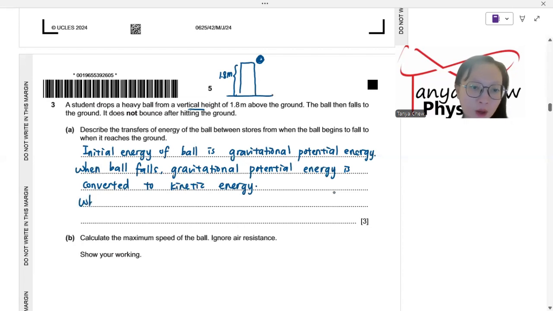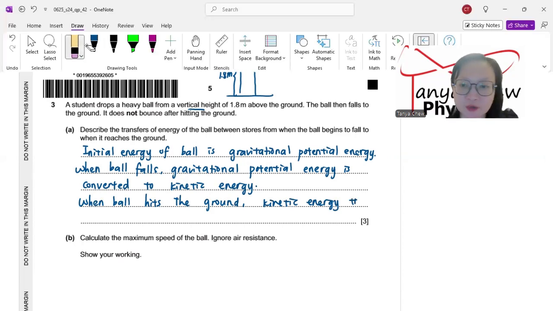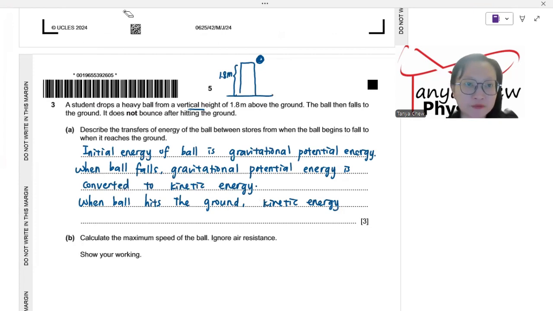And when the ball hits the ground, kinetic energy of the ball is transferred, or you can say converted. Okay, let me say converted, easier for me.